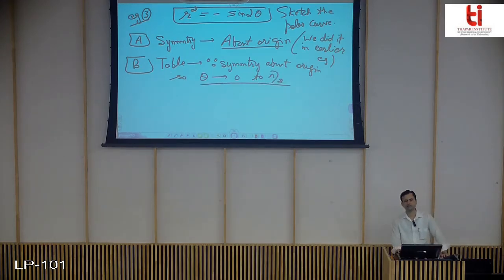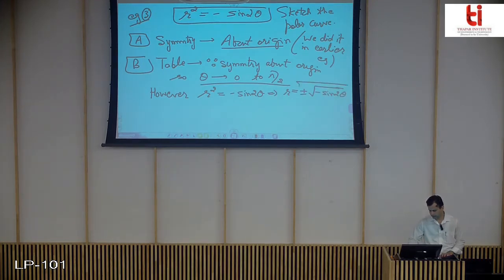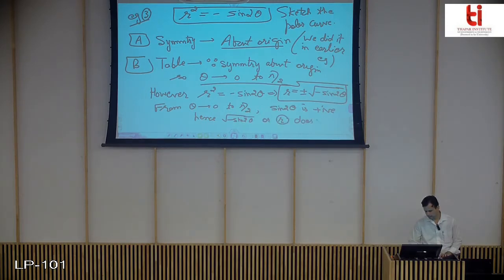However, you can see r squared equals minus sin 2 theta means r equals plus minus the square root of minus sin 2 theta. Clearly, for theta from 0 to pi by 2, sin 2 theta is positive, hence under the root minus sin 2 theta, r does not exist.